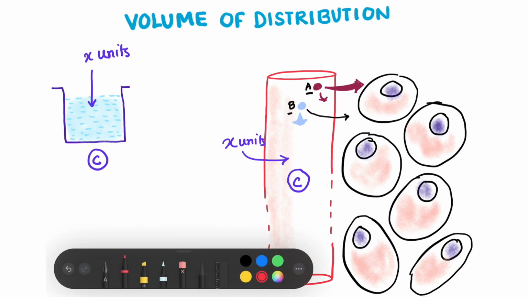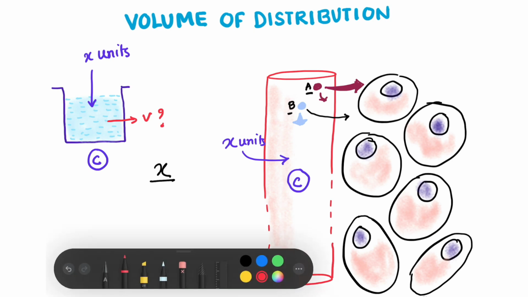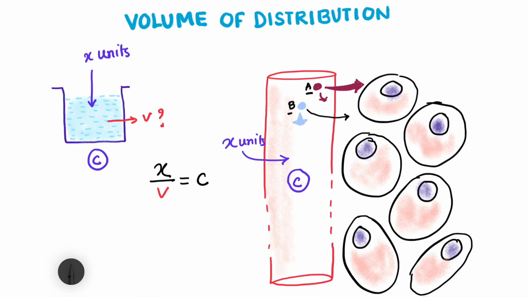Now our question is how much solvent we should add so that we get the plasma concentration of that drug in the lab. That means in how much water or solvent we should add X units of the drug so that we get a drug concentration of C, which is the peak plasma concentration. That means the equation that we get is X divided by V is equal to C. The amount of solute, that is the drug, divided by the solvent is equal to the concentration.